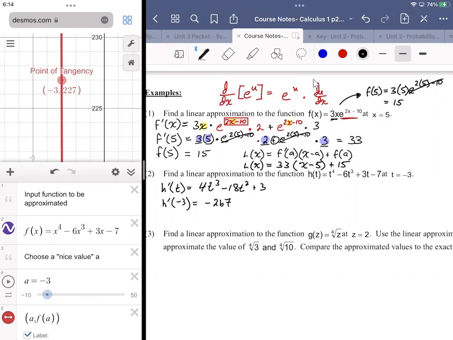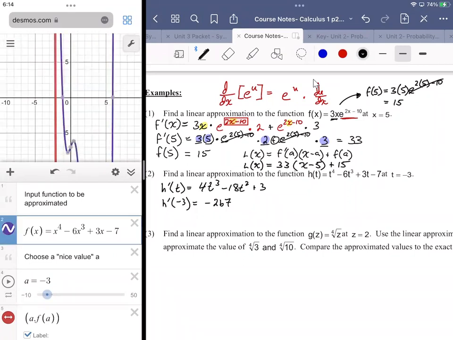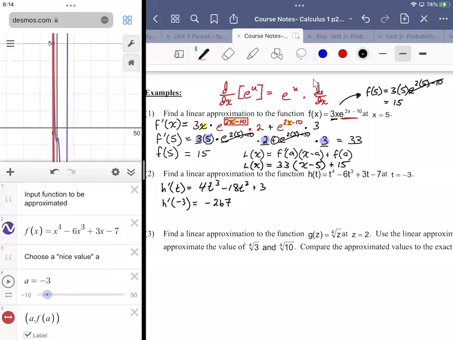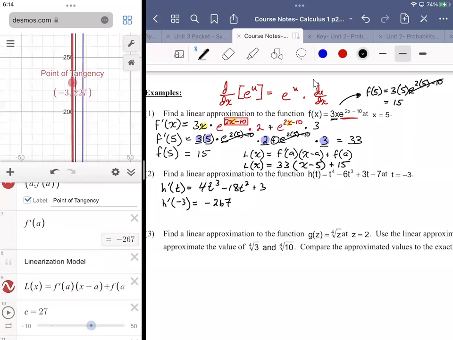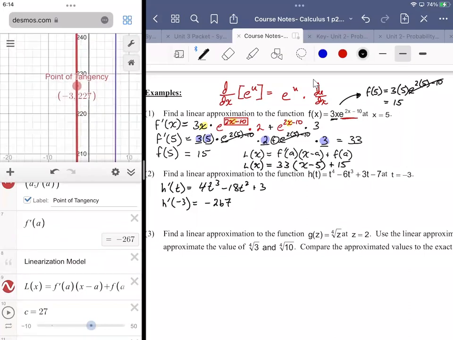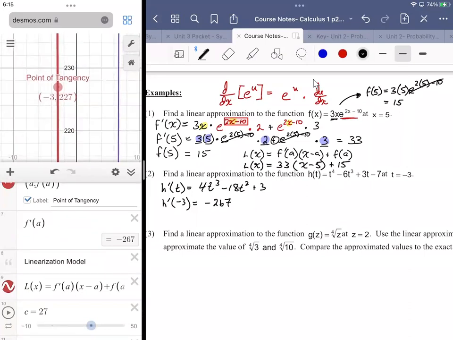All right. So if you want, you could just zoom out a lot until you see the point of tangency and then just bring it back in. All right, but that's negative 3 comma 227. So that's what h of negative 3 would be. And those are the two pieces of information that I would need.